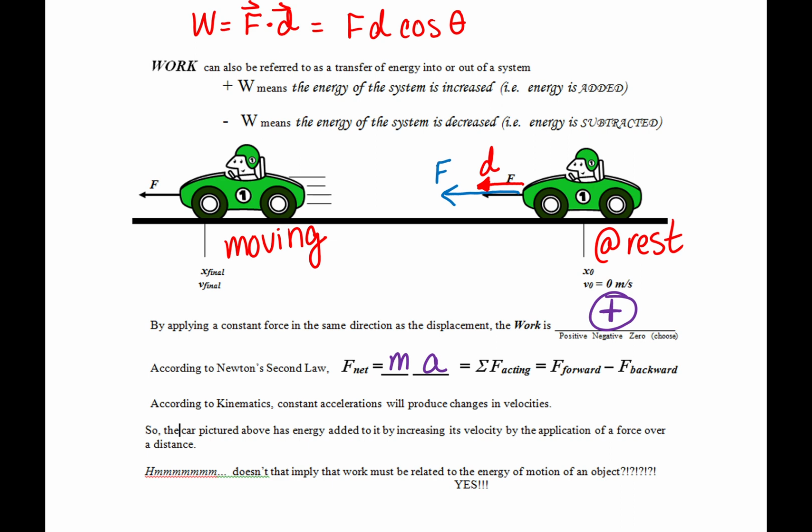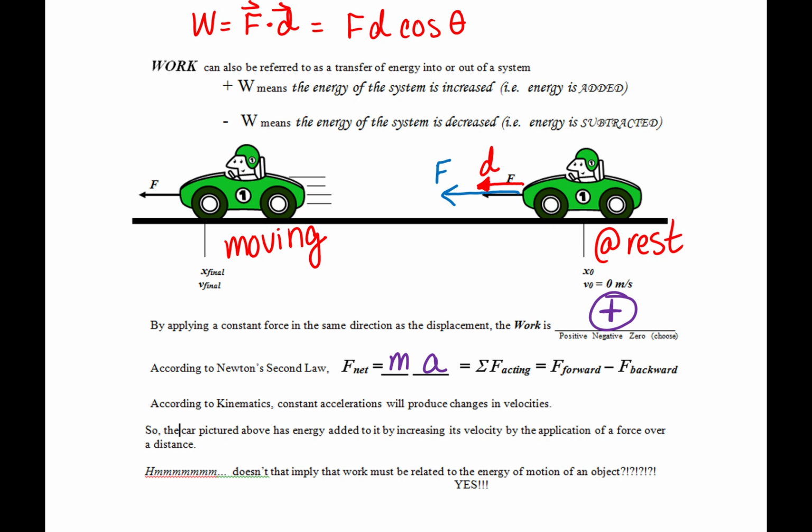All right. Then, if you apply a force and there's an acceleration, back from the very first unit, we learned that if there's an acceleration, there's going to be a change in velocity. Accelerations mean changes in velocity. So basically, would you agree that the car has added energy to it? Yes? And it's going faster.